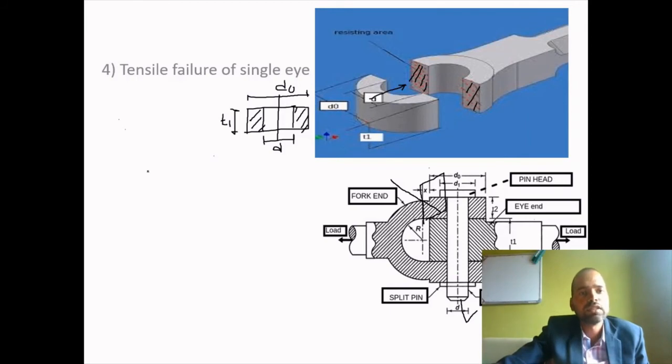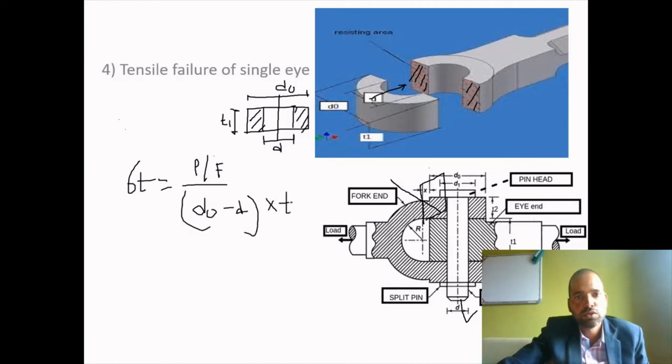So from this diagram, what is the failure? Tensile stress. What is the applied force? Either P or F. What is the area? Cross-sectional area. In this case, the cross-section will be equal to d0 minus d, into d1. From this equation, d was known, the thickness d1 we have put as 1.25 times d, and d was known.